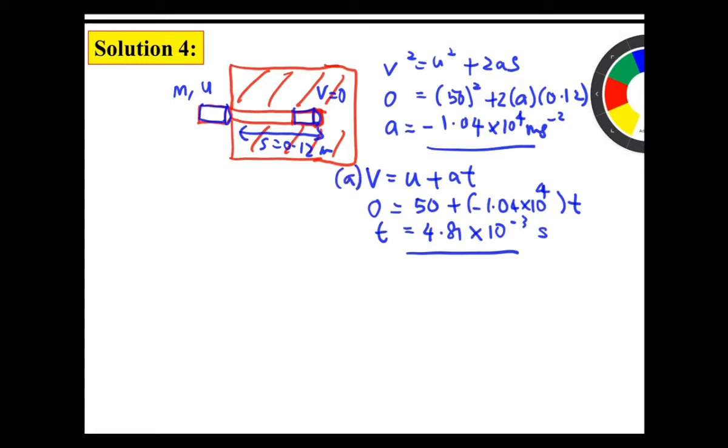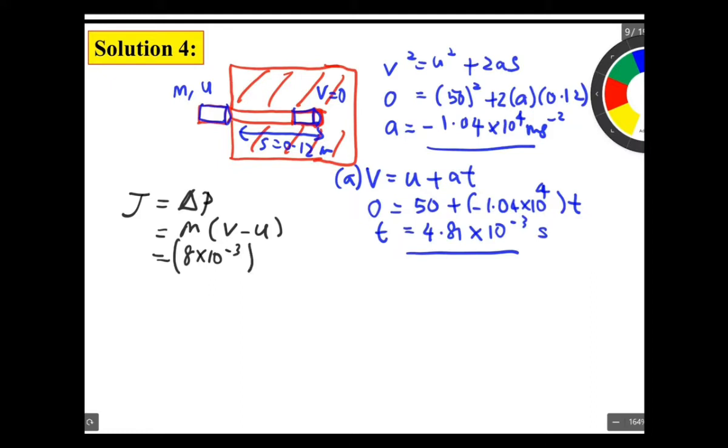Okay, next soalan kedua dia tanya impulse on the block. Okay, impulse on the block kita akan guna J is equal to delta P. Okay, so mass times V minus U. So mass given is 8 gram, convert to kilogram, jadi 8 power of negative 3, V is 0, U is 50.